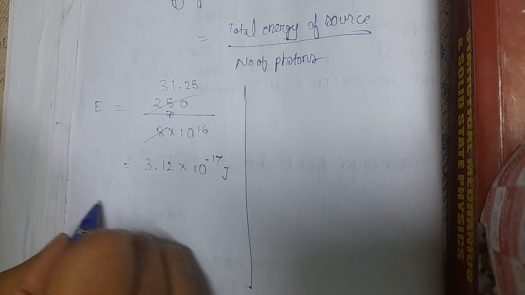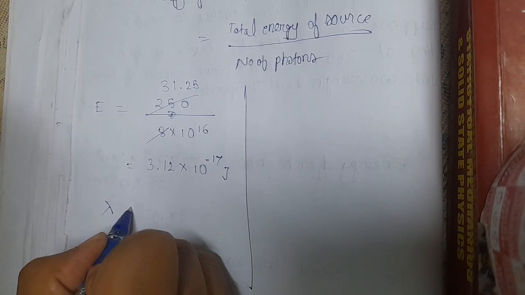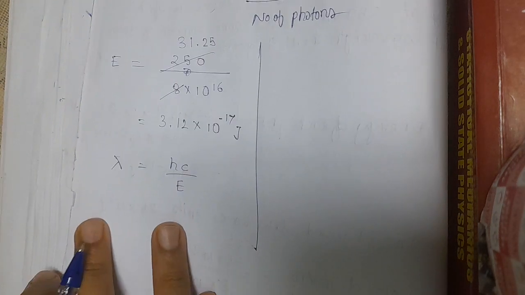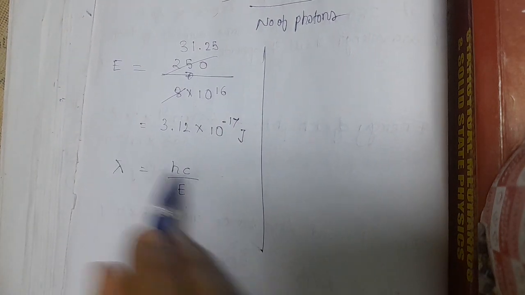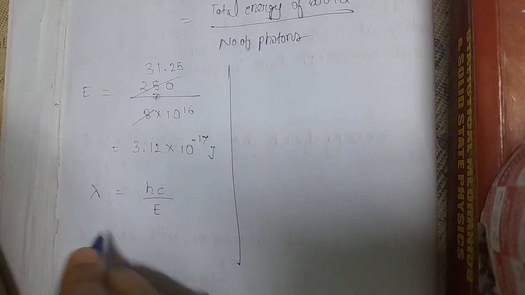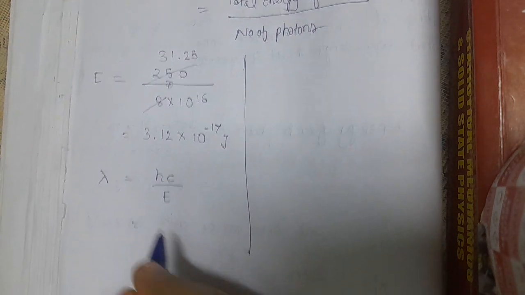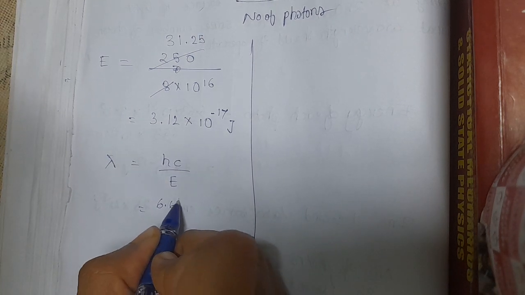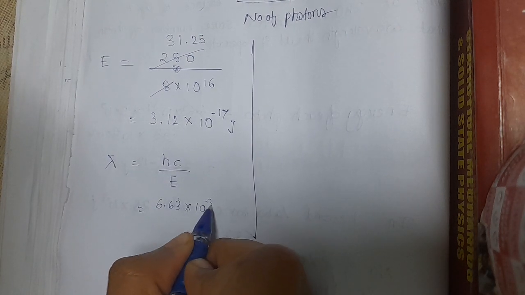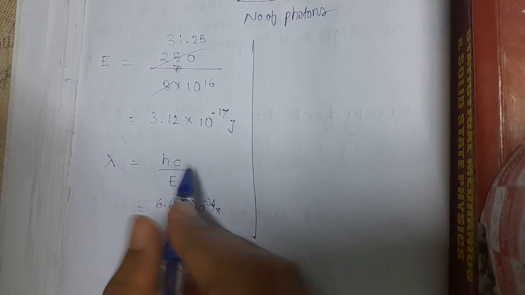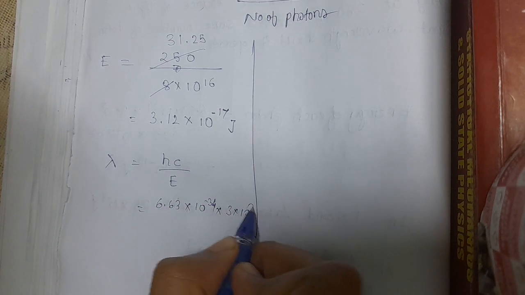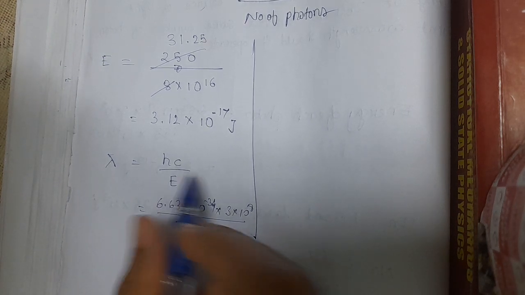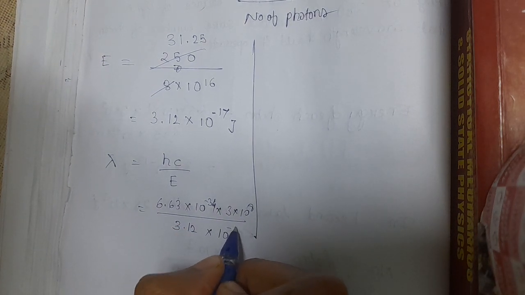And what will be the wavelength? So this also you should remember. It will be 6.63 into 10 to the power minus 34 times 3 into 10 to the power 8, divided by 3.12 times 10 to the power minus 17.